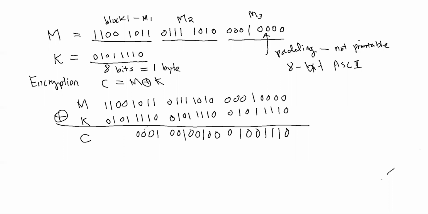So this is 1, sorry. Sometimes you do it too quick. 1, 1, 0, 0, 1. So that's C.